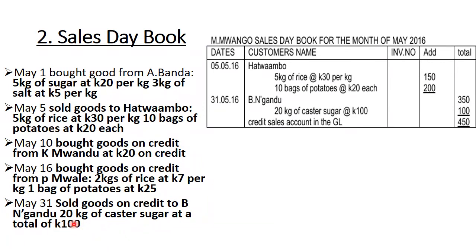So the total is 100 kwacha, it has already been calculated. So we don't need to do 20 times 100, no. We write it as it has been given, 100, okay? They'll say this is the total. It's not per kg, okay? So now the 350 plus 100, 450.